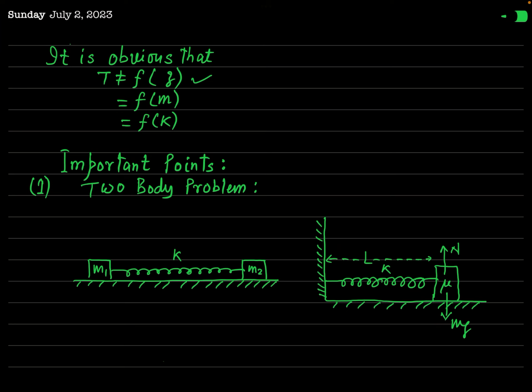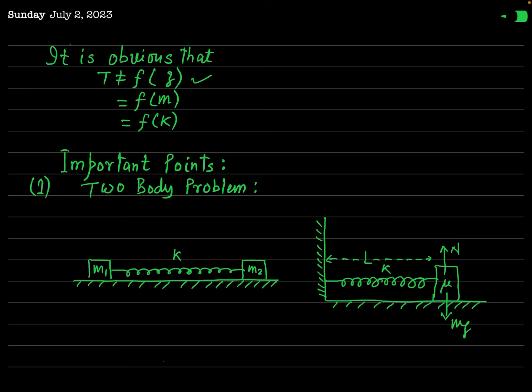So at different places, when a simple pendulum is brought, its time period varies. But if you bring this spring pendulum to different places on the surface of the earth, or to different planets or different satellites where g will change, the time period of the spring pendulum will not change. This is a very remarkable fact.